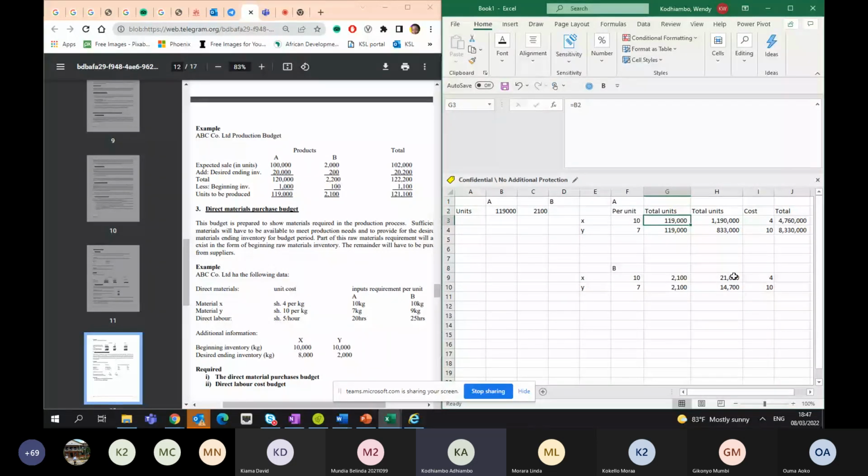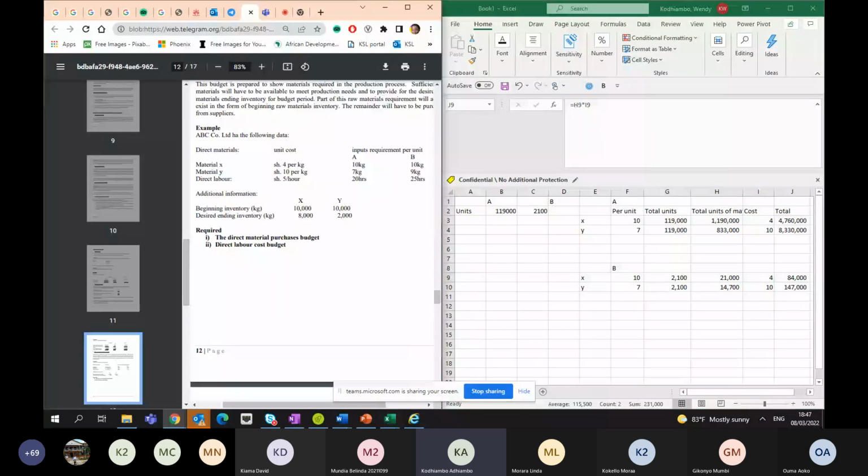Then once we have that, the total units of materials. So we have units, but then we also have units of materials, and we have total units of materials. Then once we have that, you need to know the total. So the total here is 84. The total here is 147. Now remember again, always check the information you are given.